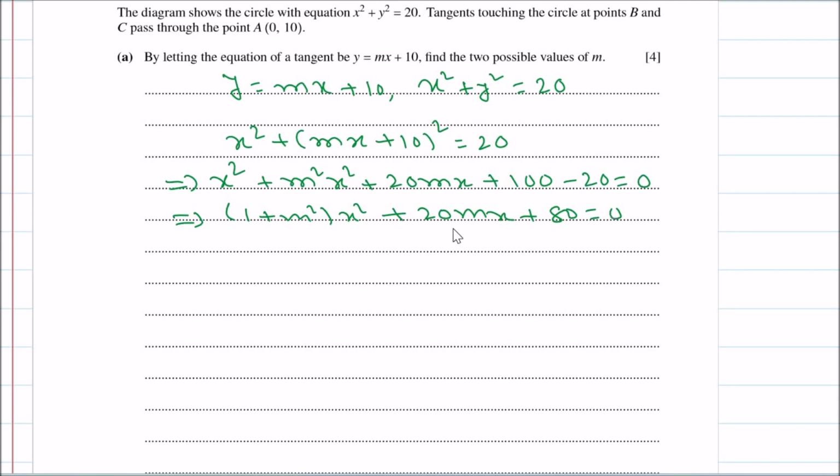Now, as the tangents are touching at one point, the condition is b square minus 4ac equal to 0. So what are a, b and c here? Let us write: a equal to 1 plus m square, b equal to 20m, c equal to 80.